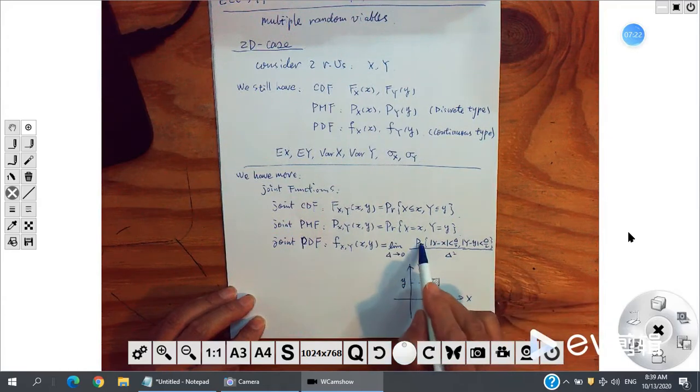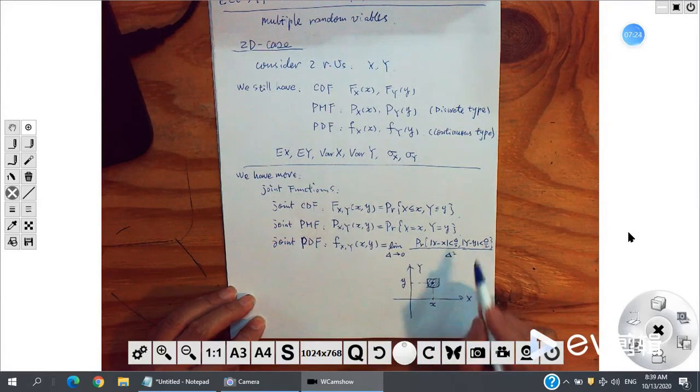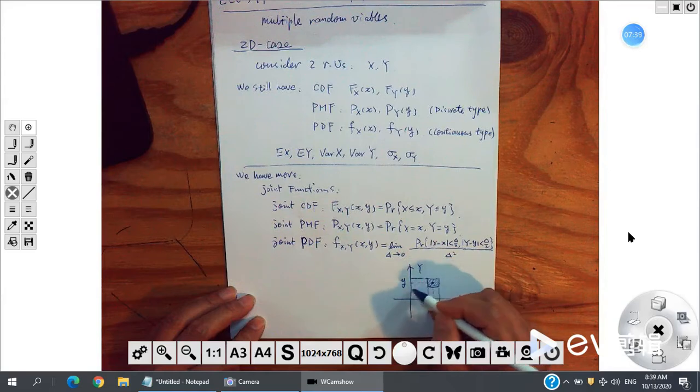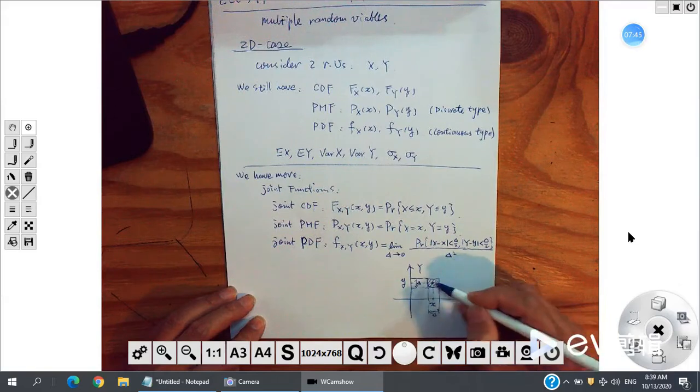Then the probability is this one. This distance is delta. X is in the center, so capital X minus x is no more than half of delta. Similarly here, this distance is also delta. Then the whole area of this rectangle is delta square.